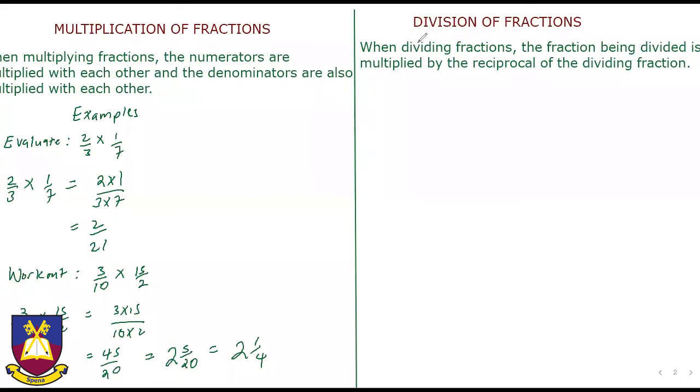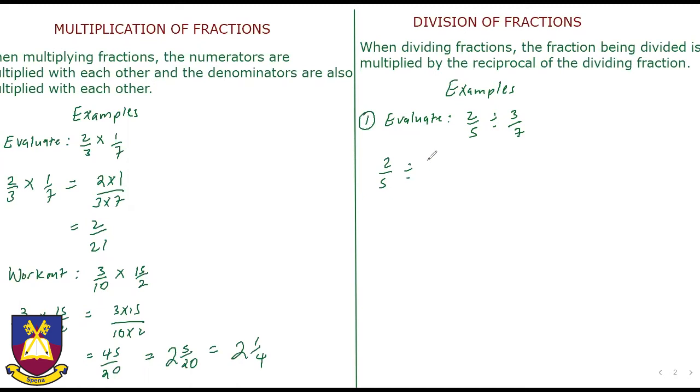Let's look at division of fractions. When dividing fractions, the fraction being divided is multiplied by the reciprocal of the dividing fraction. Let's look at how to do that. Evaluate 2 over 5 divided by 3 over 7.